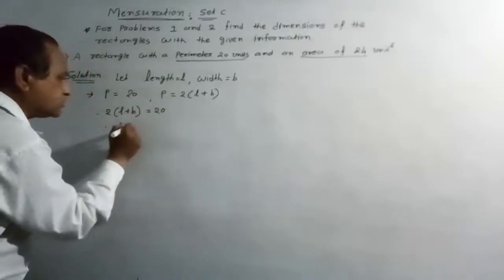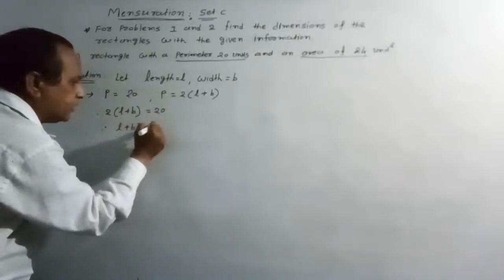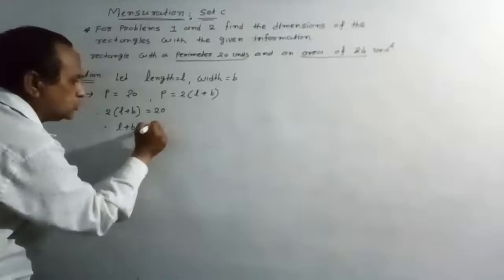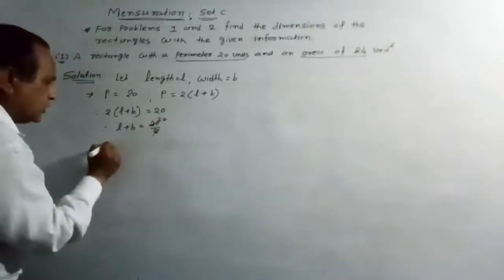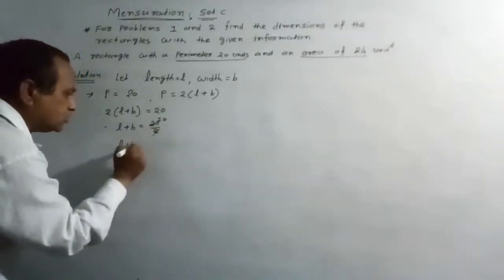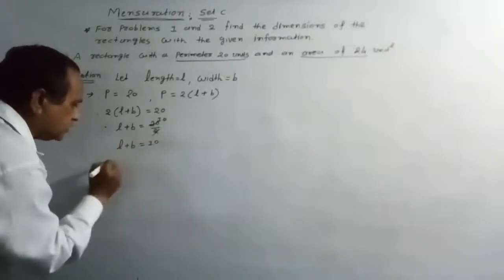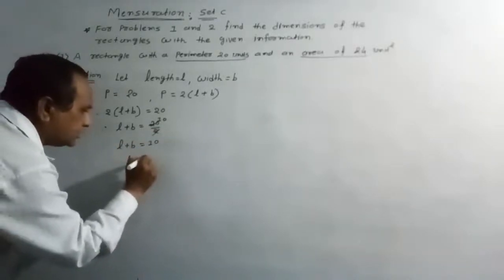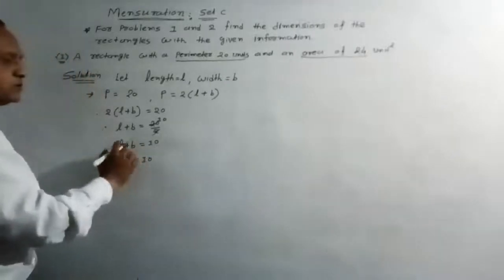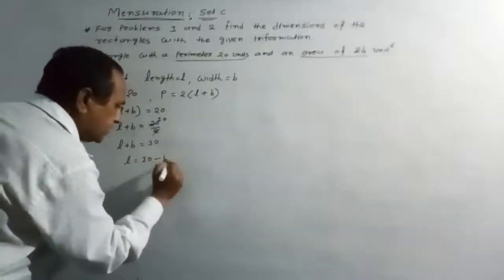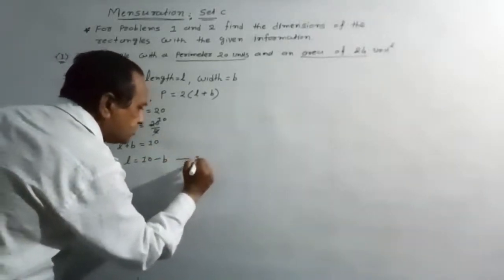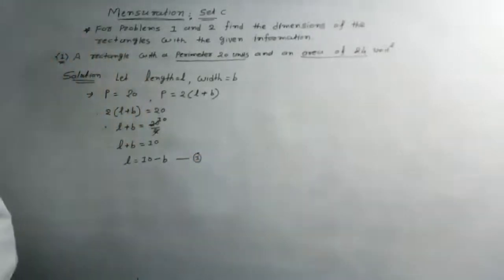So L plus B is equal to 20 by 2. 2 tens are 20, so L plus B is equal to 10. And so L is equal to 10 minus B. This is equation number 1.